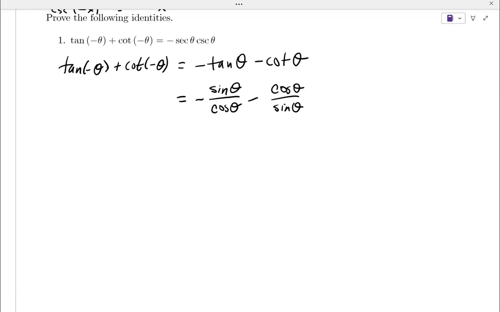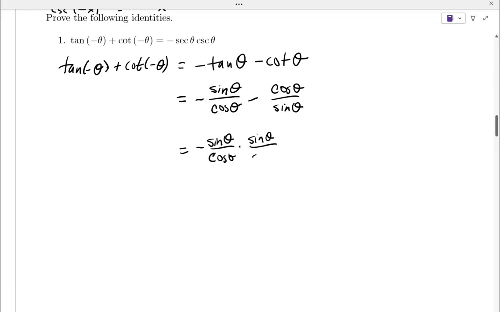All right. How does that help? Well, we've converted both of these into fractions. How do you combine fractions? What do you do? If I want to add or subtract fractions, what do you need to get? Common denominator. Good. So what should we multiply the first fraction by? Sine theta over sine theta. Good.